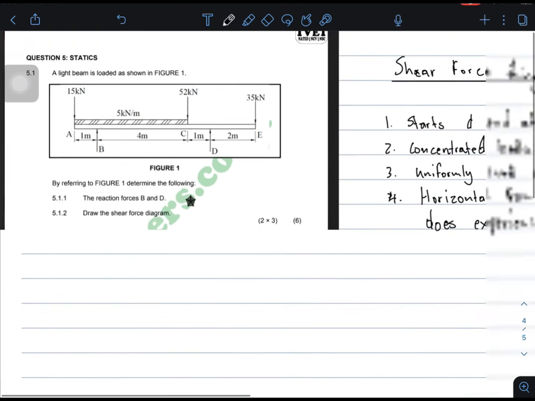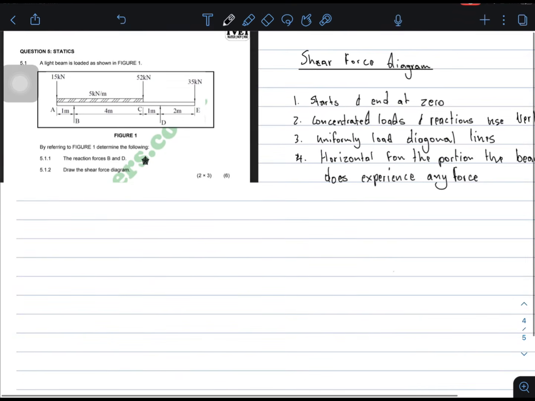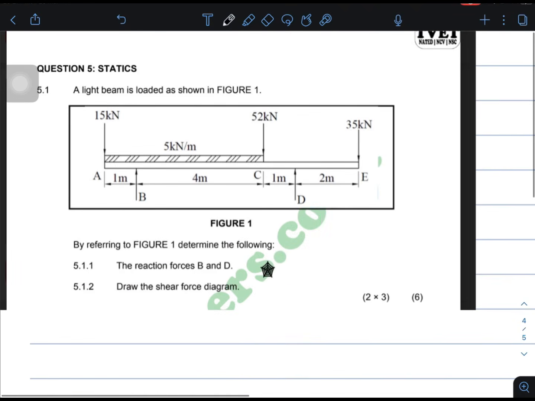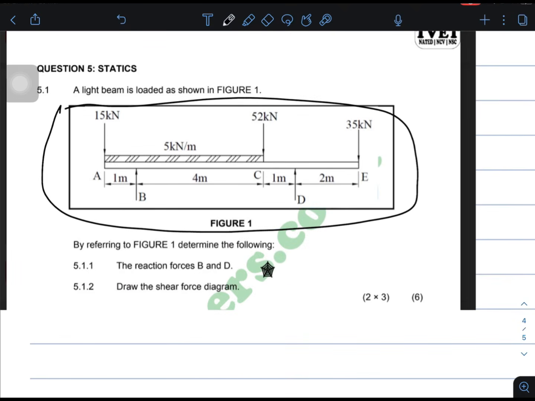So guys, from your side, you're going to draw this diagram in your book. You don't have to draw it according to scale. You are just drawing it to guide you as you are drawing this shear force diagram. And what is very important in a shear force diagram is the shape.